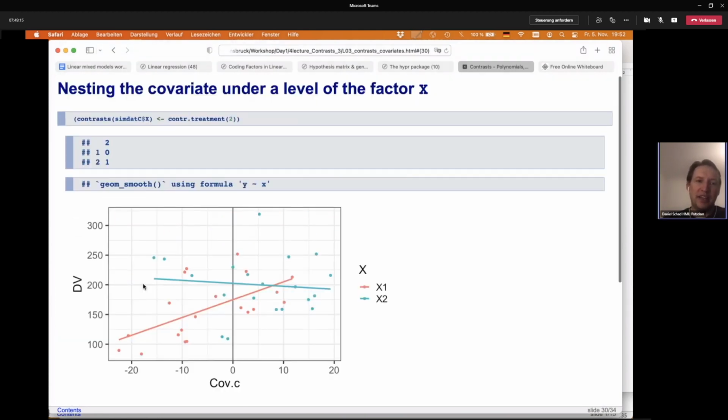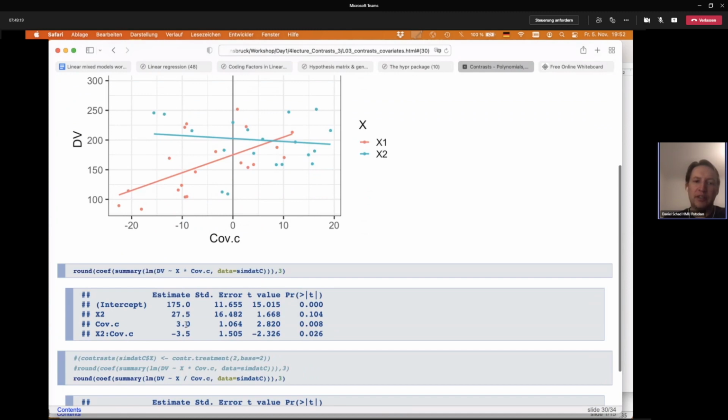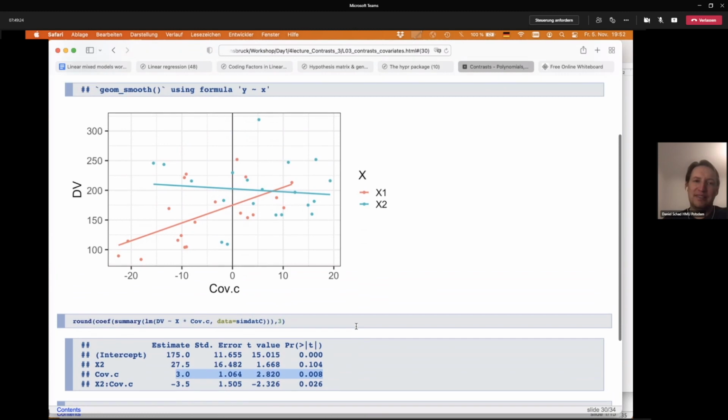You mean this analysis with the treatment contrast, and then you find a significant effect in one group, right? Yeah, exactly. So that's significant for one group, but not for the other. Depending on which baseline I take, the covariate is significant or not. And then we did the coding of the treatment group so that we got the covariate significant for reporting that.